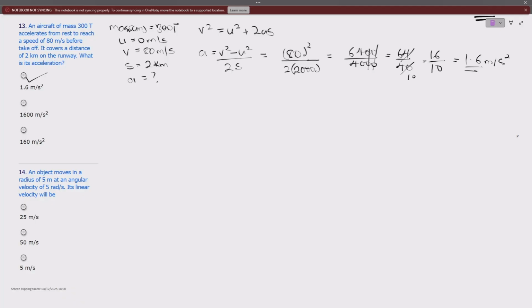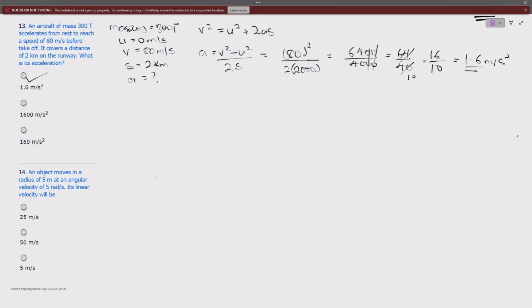Alright, straight into our question 14. An object moves in a radius of 5 meters at an angular velocity of 5 radians per second. Its linear velocity will be, it's trying to talk about angular velocity in relation to linear velocity.